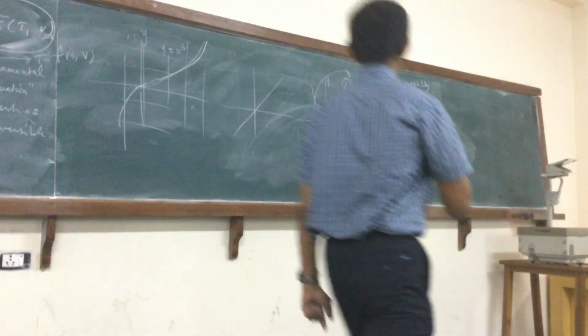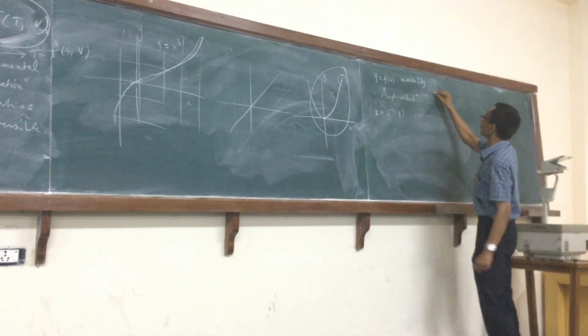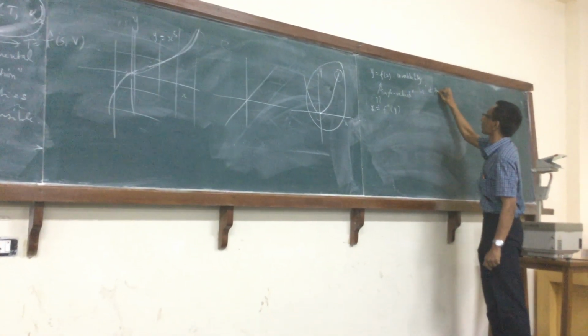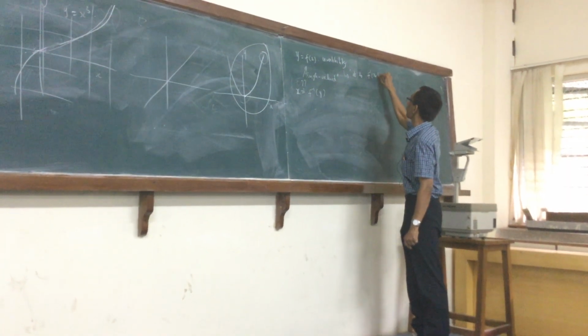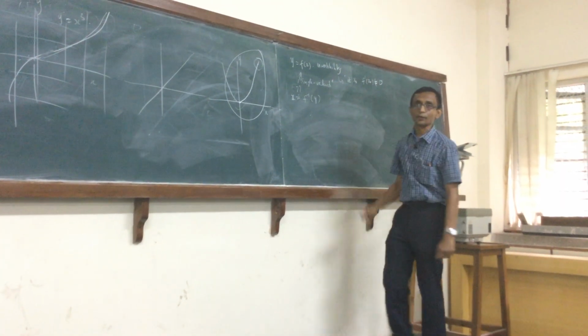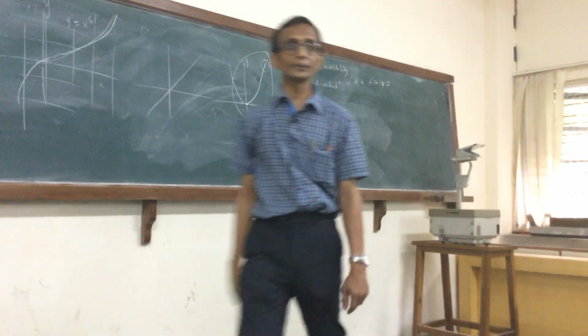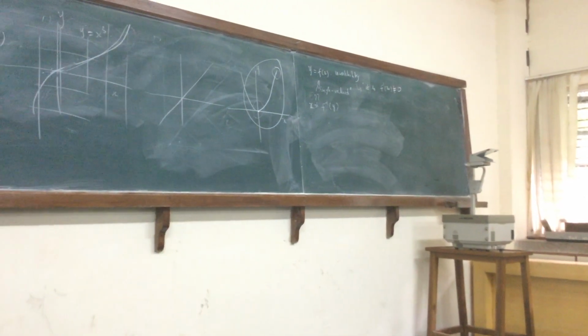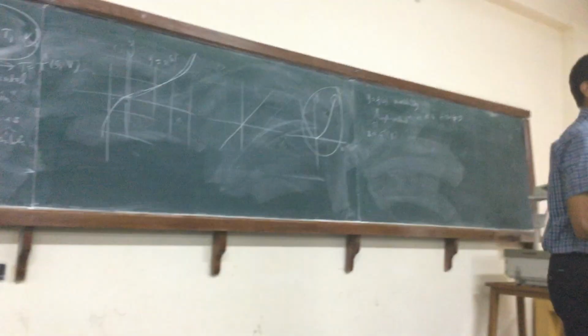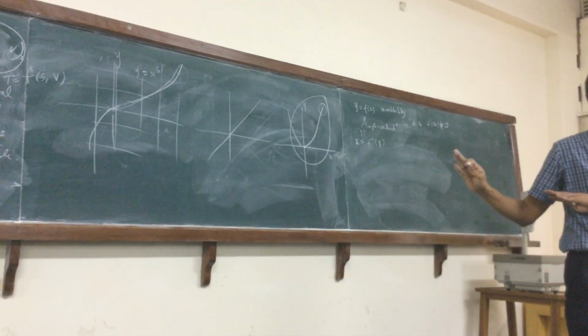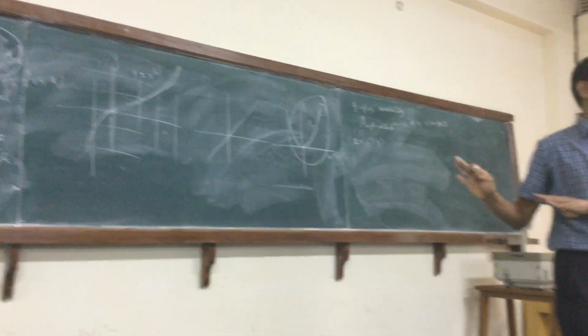So the condition of invertibility says that if at some point x naught, that's what makes it local, f prime of x naught is not equal to 0, and it's very important that you understand these conditions properly. It means it's sufficient: if the condition is satisfied, then we can say so, but it's not a necessary condition.